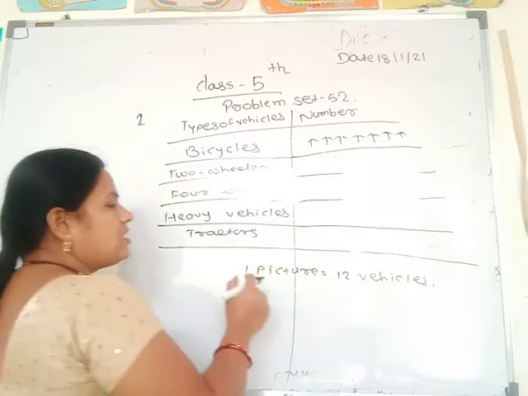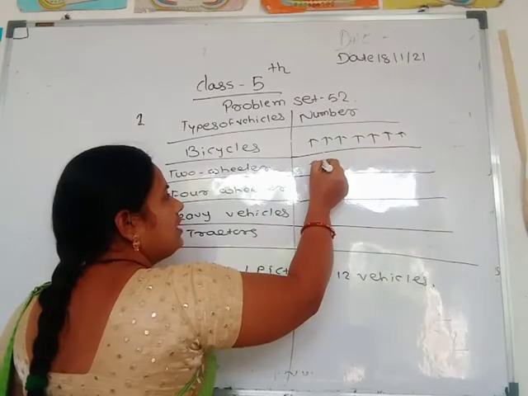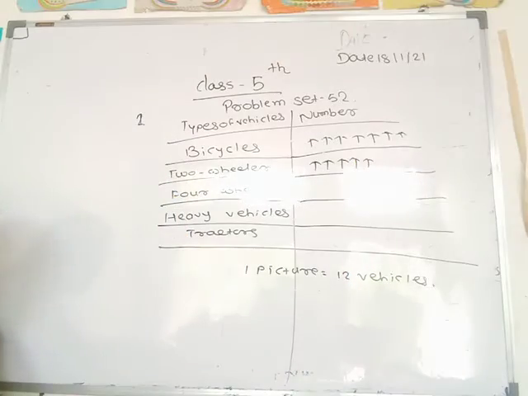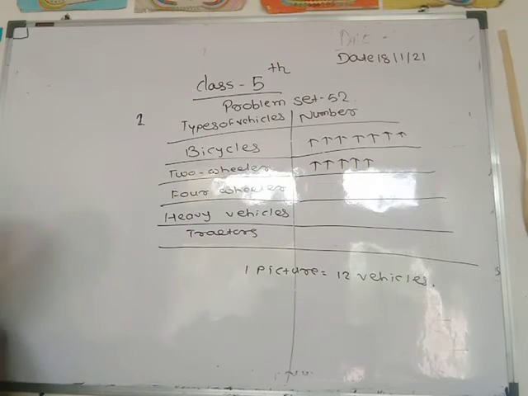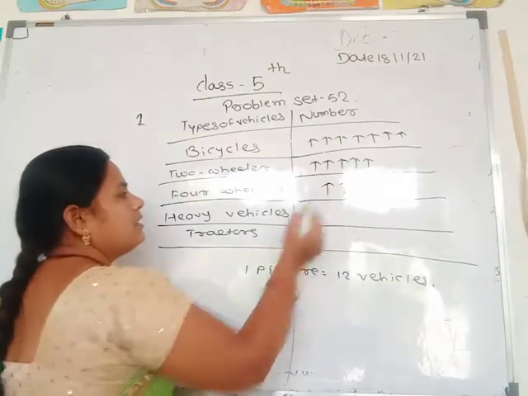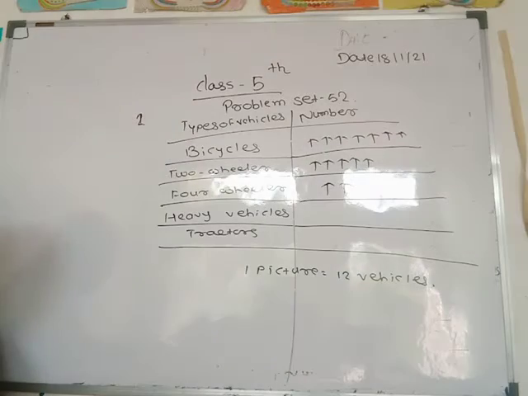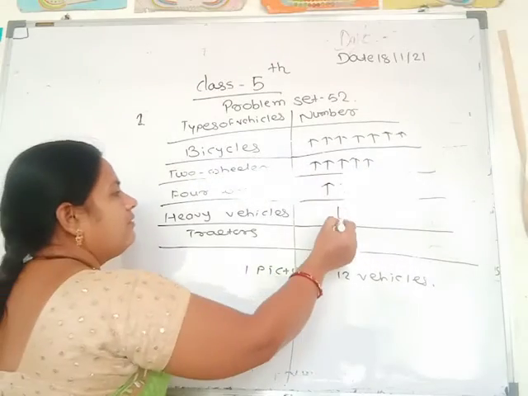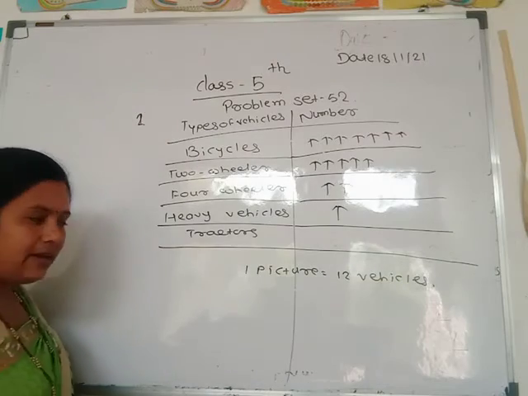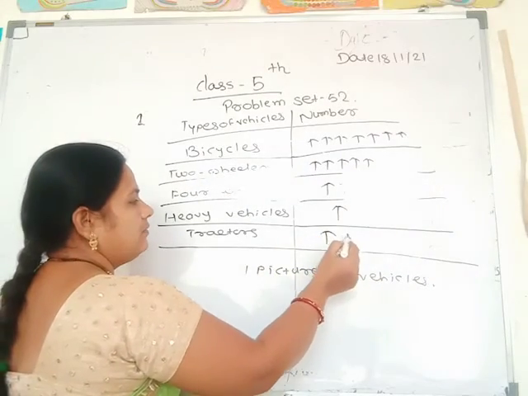Then 60. 60 means 12 fives are 60, so you draw 5. Two-wheeler. Then four-wheelers, cars, jeeps, 24. 12 twos are 24, so only 2 pictures you draw here. Then next one, heavy vehicles, only 1 picture. And tractors, 24 again means 2 pictures here.